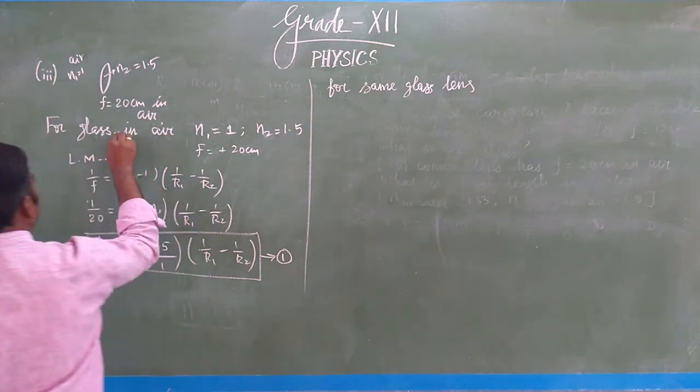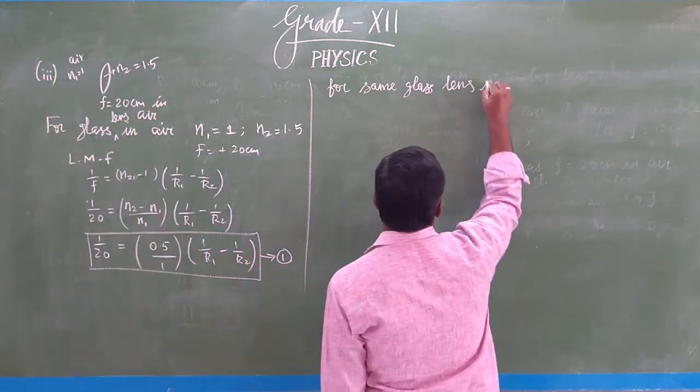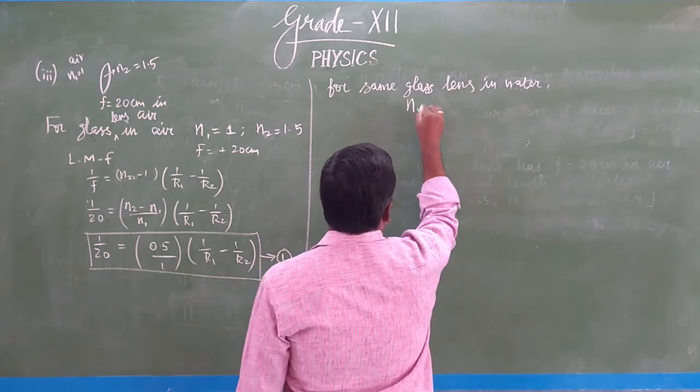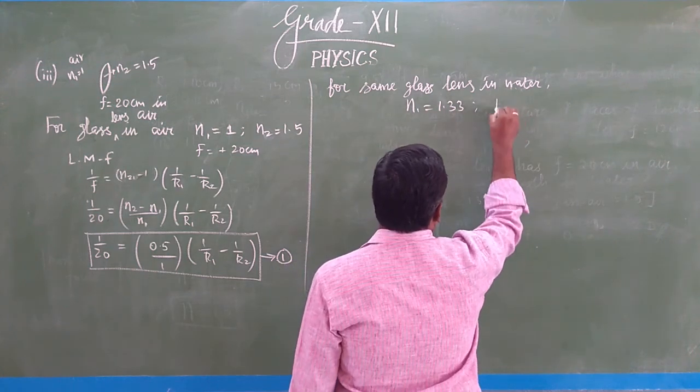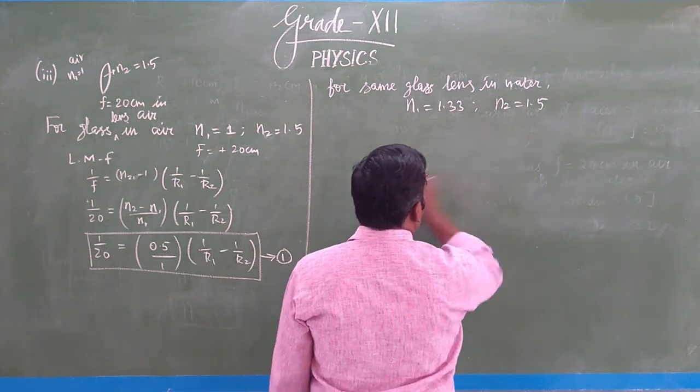In the second case, the same glass lens is placed in water. In water the refractive index is 1.33 and for glass it is 1.5. Only the focal length we want to determine.